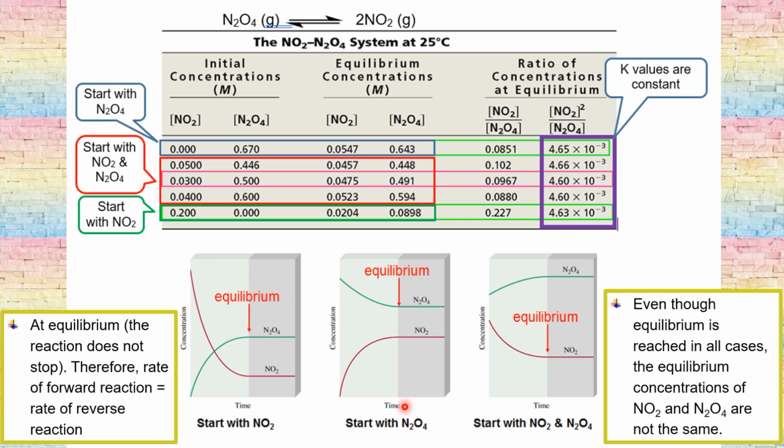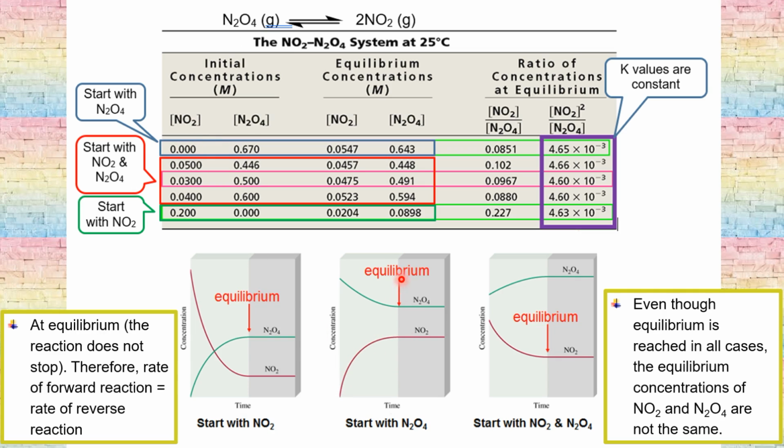For case number 2, it starts with N2O4, which refers to the reactant. We can see the initial concentration of N2O4 is 0.67, up here, and then it will decrease. At the beginning, the concentration of NO2, which refers to the product, starts at 0, not formed yet, and then it will increase.